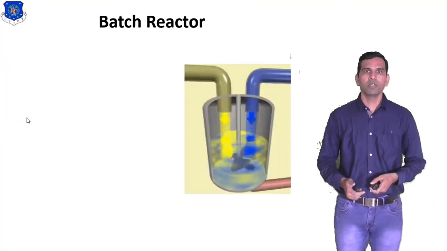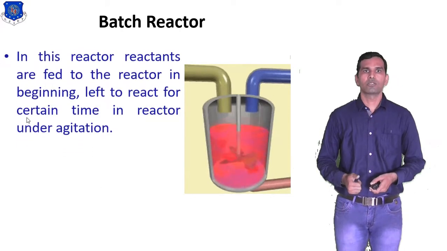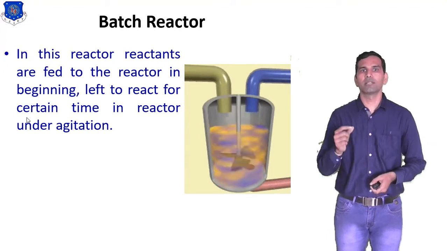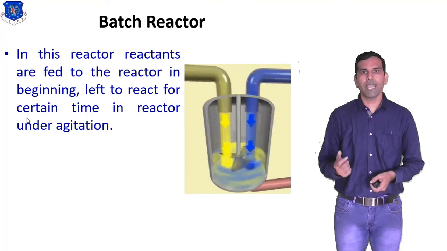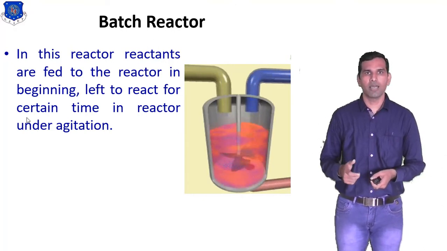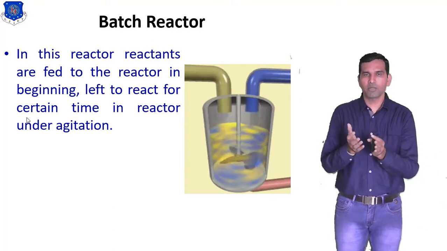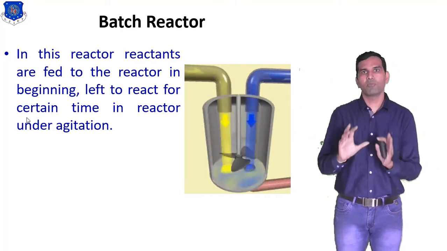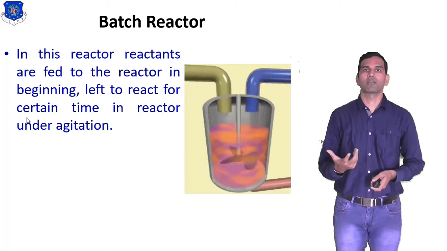This is a simple diagram of a batch reactor. In this reactor, reactants are fed to the reactor in the beginning, left to react for a certain time in the reactor under agitation. That means first we add reactant and then we leave it for mixing, and then it automatically generates the product.